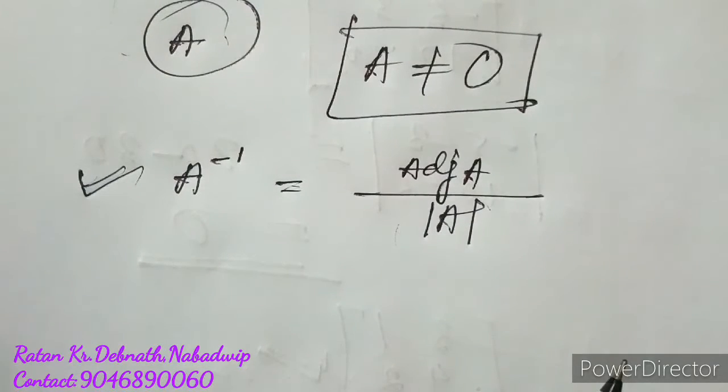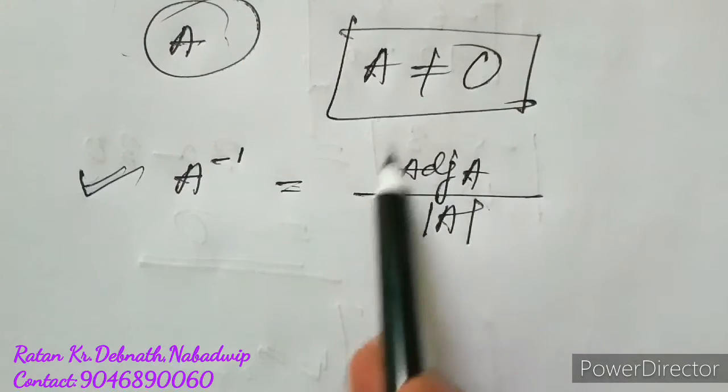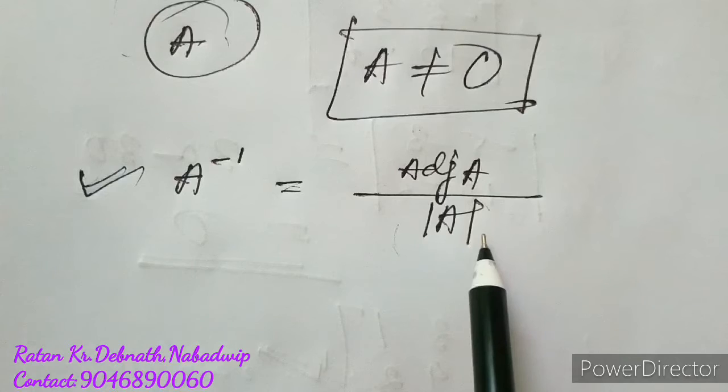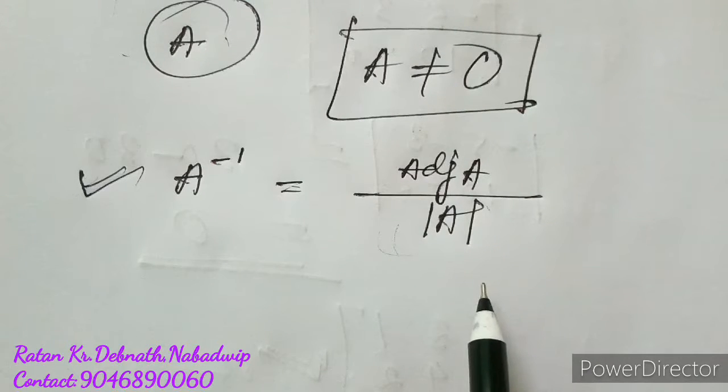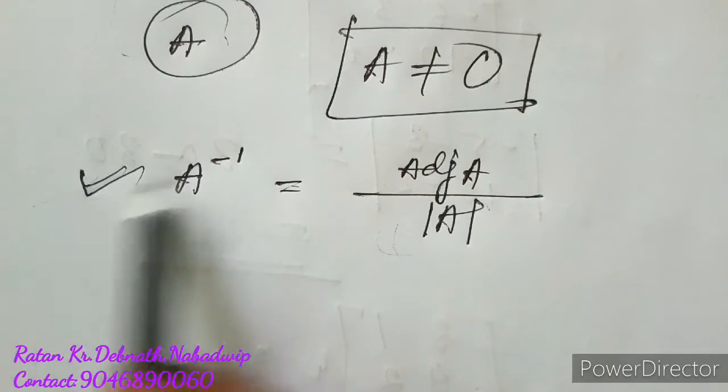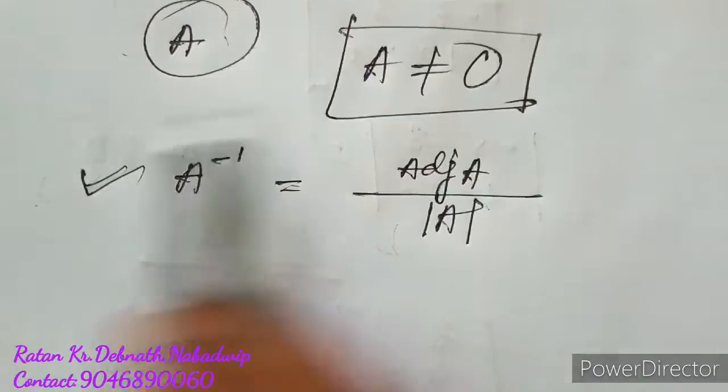Now we already know how to find out adjoint of a matrix, and we can find the determinant value of a matrix. So we easily can find out inverse of a matrix.